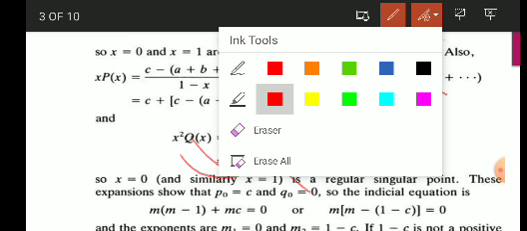To expand this, we get 1 plus x plus x square plus etc. To rearrange this, firstly we write the constant c, then the coefficient of x is c minus a plus b plus 1, into x plus etc.